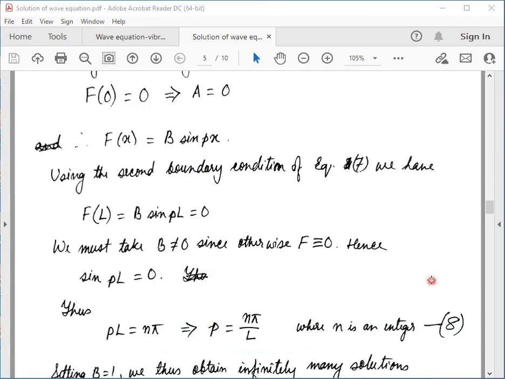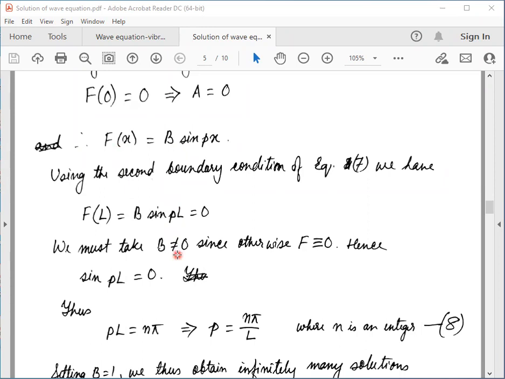Here we must take b not equal to 0, because if b is 0, then f will be 0, and u will be 0 already. The string is not vibrating, and that is not what we are interested in. What we are interested in is a vibrating string. So b should not be equal to 0.